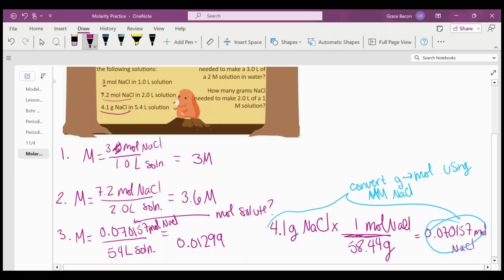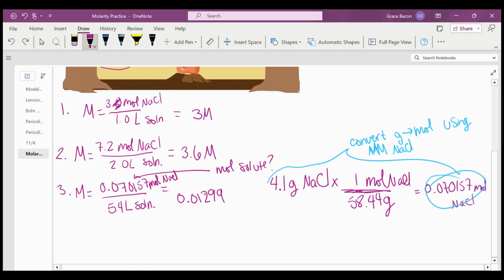I've got 2 sig figs here and 2 sig figs there, so I can use 2 sig figs for this answer. So we are going to round this to 0.013 molar. Again, this seemed more complicated, but it was only more complicated because we were doing this magic that we've already done lots of times this semester.